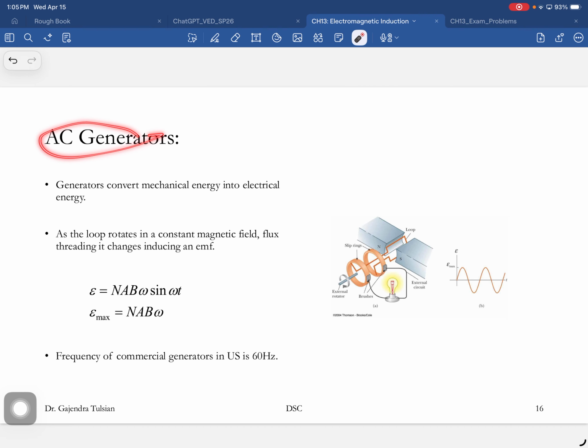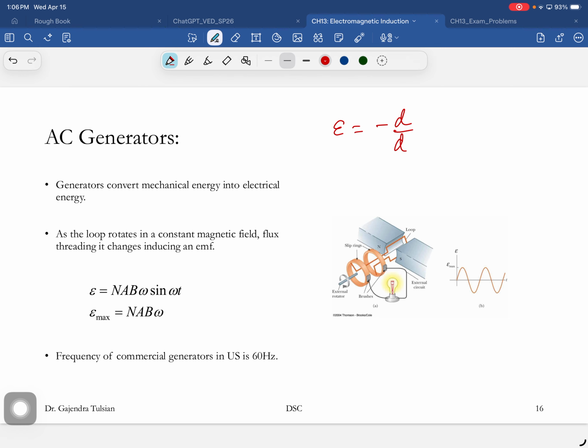All right, so again, you saw the generator is based on Faraday's law. Here are permanent magnets. Remember the expression for the EMF was d by dt of BA cosine theta.